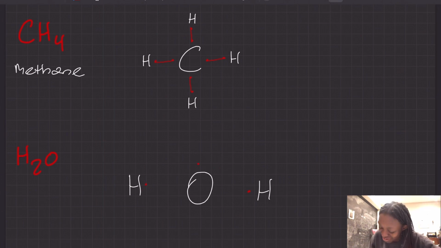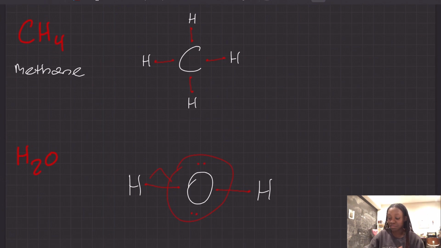And there are the bonds, 1 and 2, right there. So we have some bonded pairs and some non-bonded pairs here for H2O, but everybody's got a full electron shell. Hydrogen has 2, oxygen has 8, and hydrogen has 2.